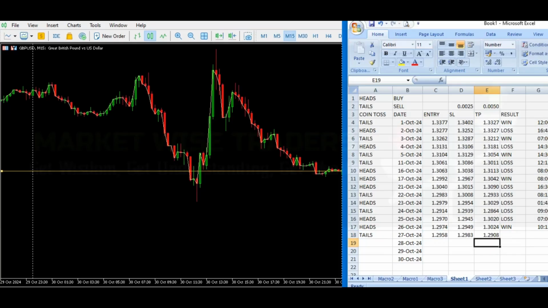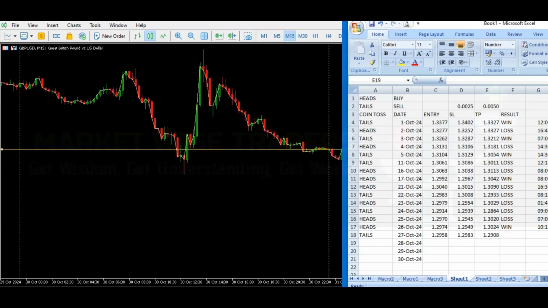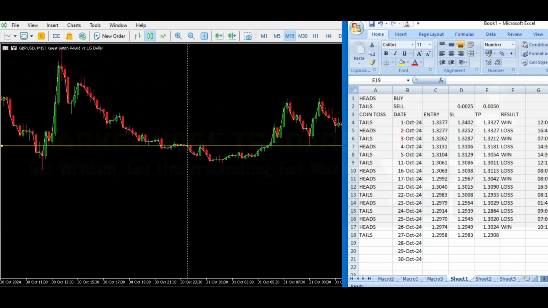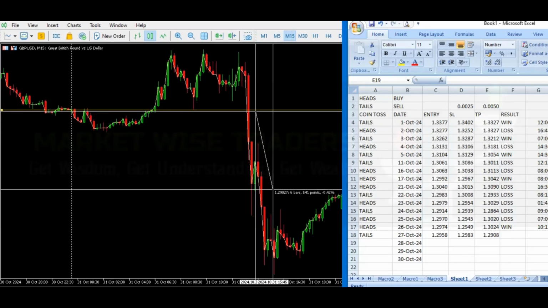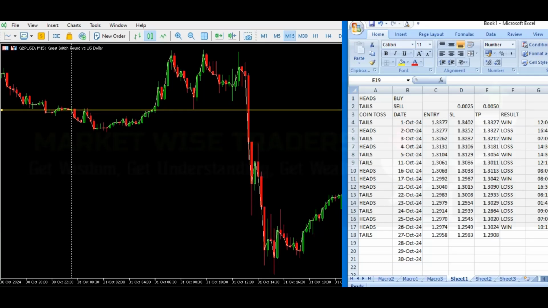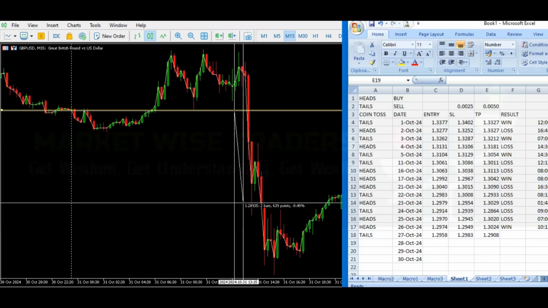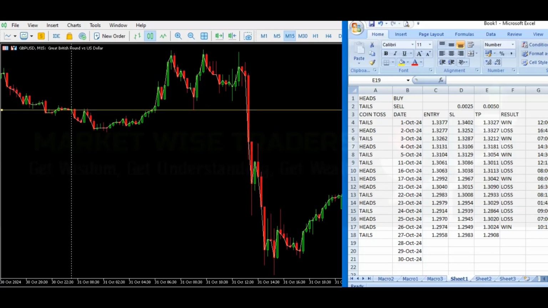Right, and there it goes. What did go down? Let's see how many pips that is from here. Okay, we would have got our take profit within this period, probably on this candle.